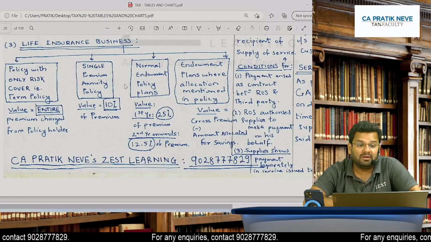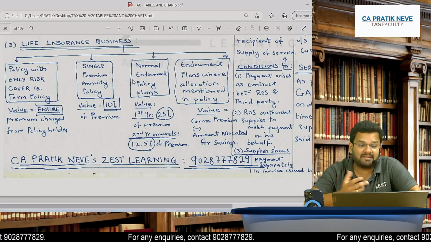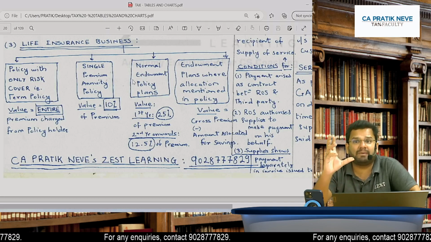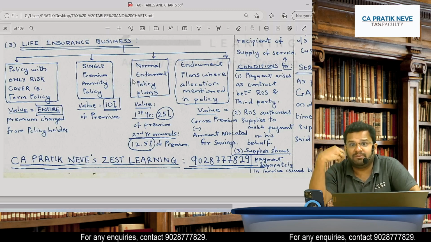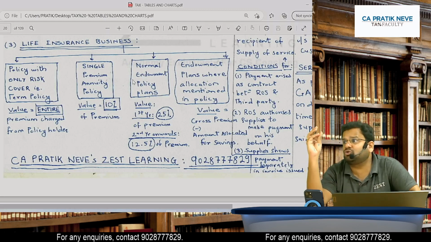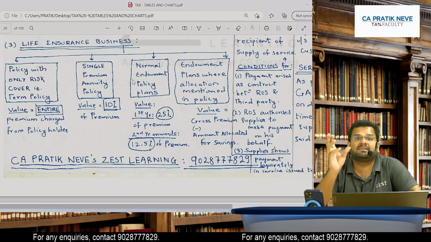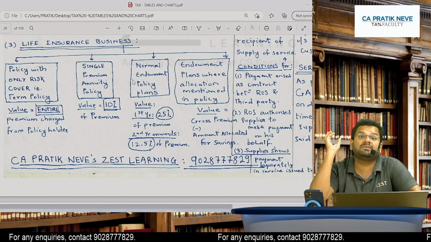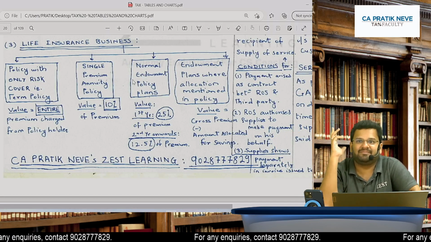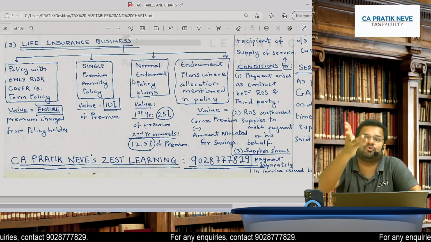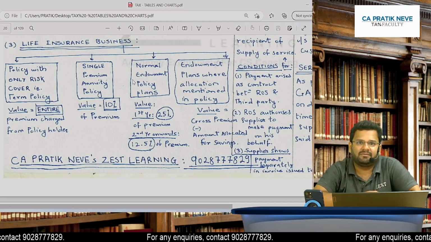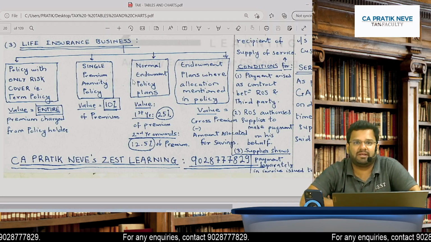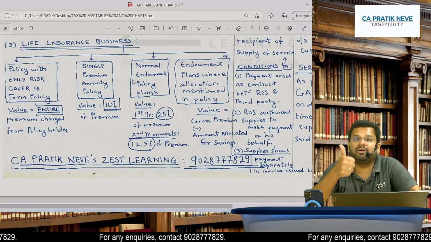But you know, there are endowment plans. In endowment plans, out of your premium, only some amount goes towards life insurance and the majority of the amount goes towards your savings, and it is returned to you in the future, isn't it? So you all know this type of thing.